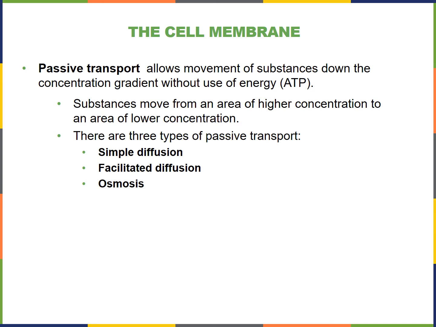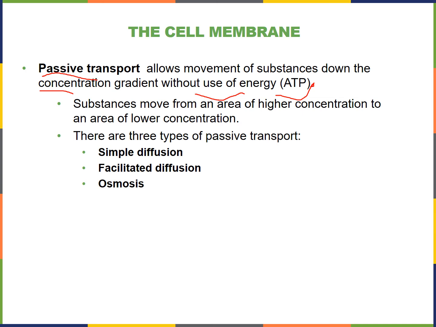Passive transport allows movement of substances down the concentration gradient without use of ATP. As we explained before, ATP is the energy that your body uses. It's like when you drive a car, it cannot move if you don't fill it with gas. So this is your biological gas.